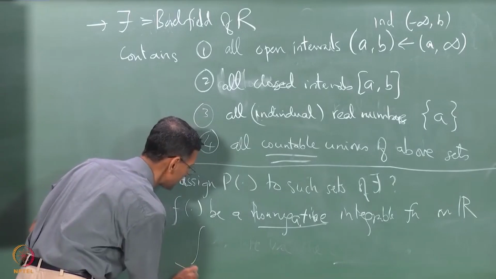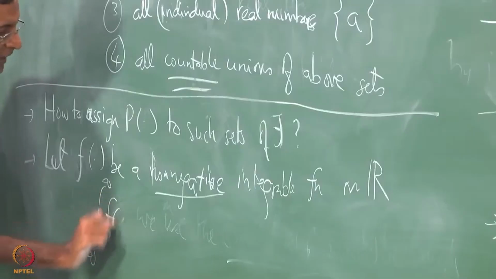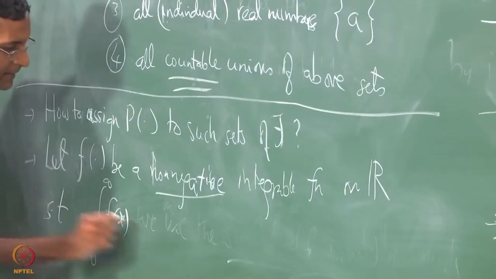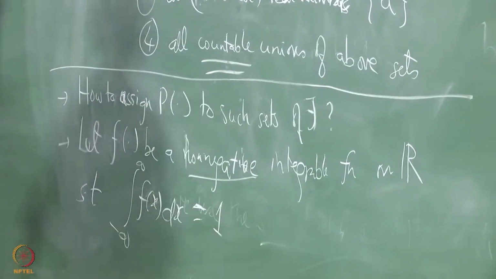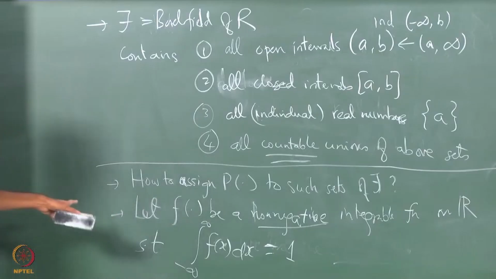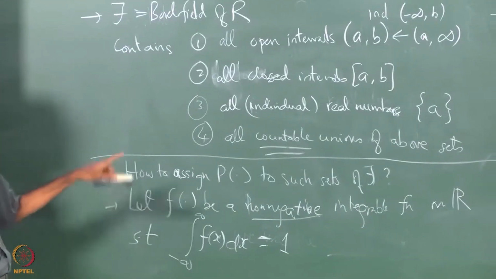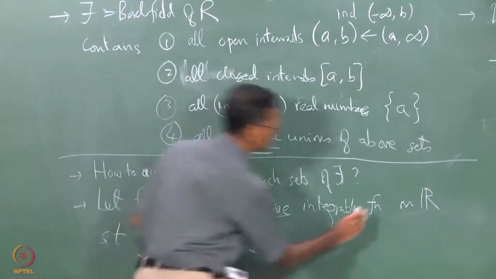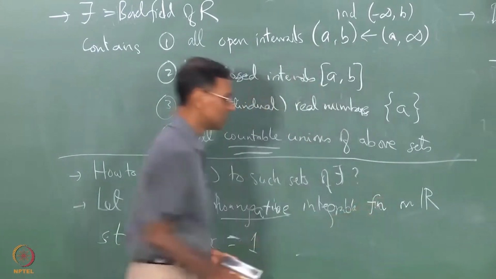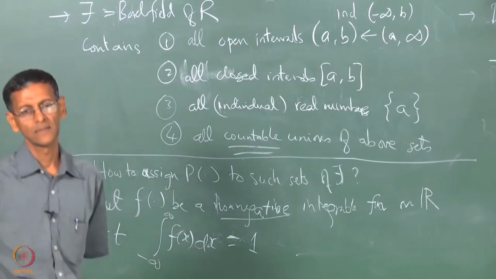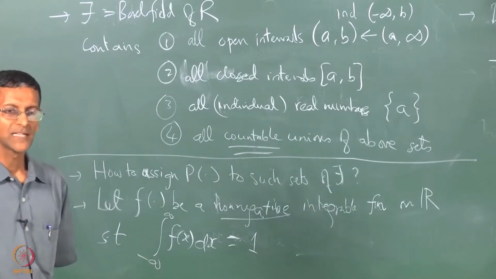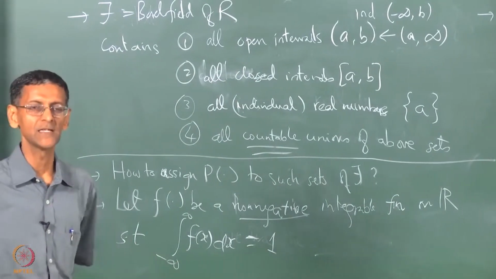We require this integral from minus infinity to infinity of f of x to be what? 1, exactly. So I have written it correctly, right? Please note, let f be a non-negative integrable function on the real line such that its area as represented by the integral, the entire area, is unity.